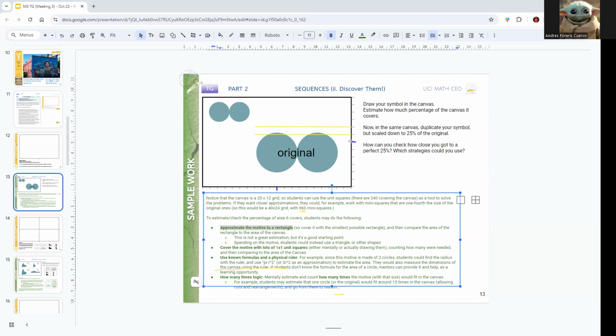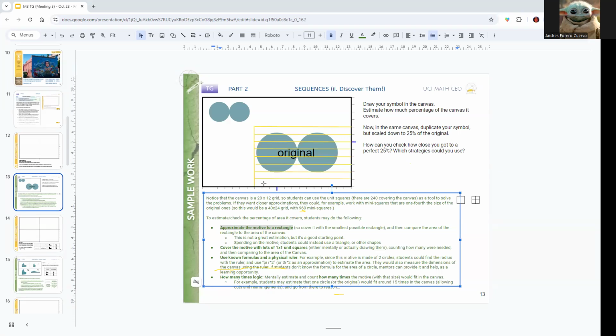They don't need to use the unit squares from the grid. So that's something important. They could use either smaller or larger squares, depending on the motive. They may need to use finer things, or they could just be happy with things that are not fine.